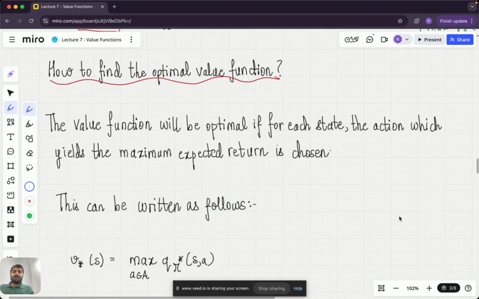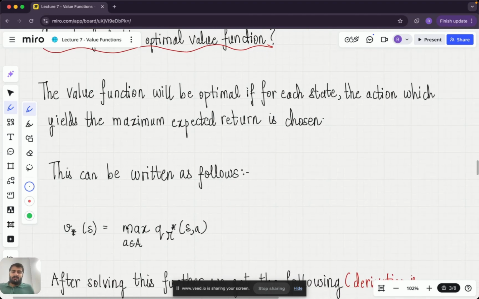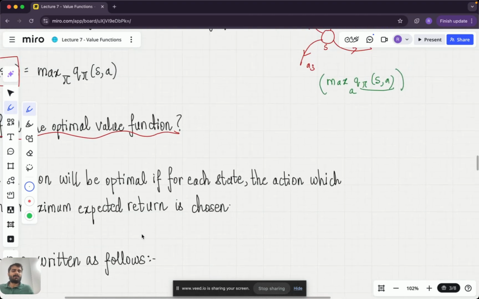So, the value function will be optimal if for each state the action which yields the maximum expected return is chosen, and this can be expressed as: v star of s is equal to maximum of the action value function q pi star s comma a, where the maximum is performed over all the possible actions. This is quite similar to what we had written over here.